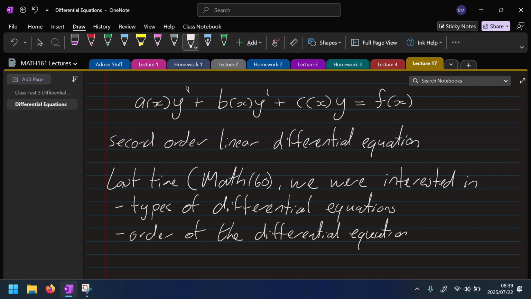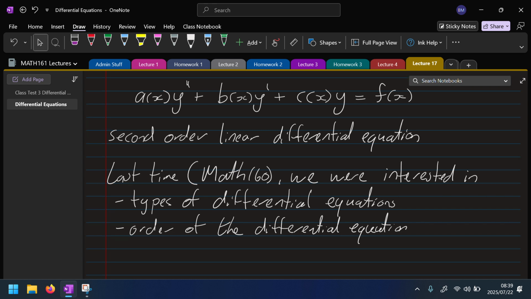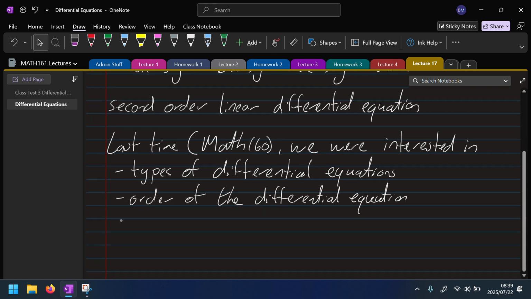We had some examples of first order, second order, third order, and so on. And we were also interested if the differential equation was linear or nonlinear. Right, and we had the test for that. So that was last year.